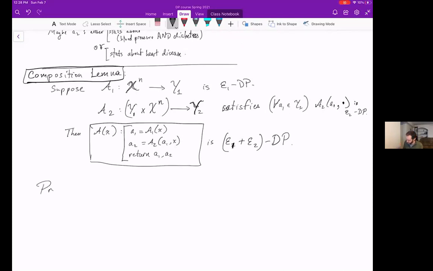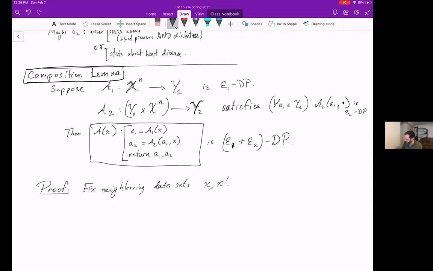All right, so let's prove this. Well, let's fix neighboring data sets X and X prime.